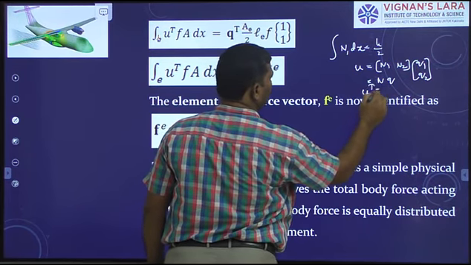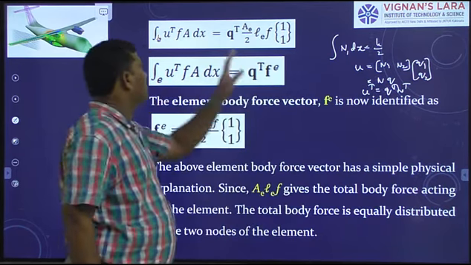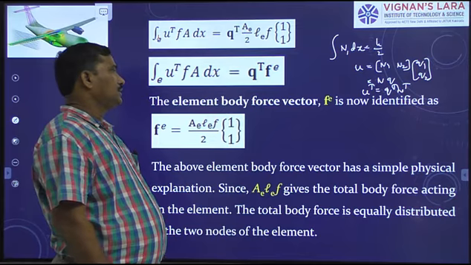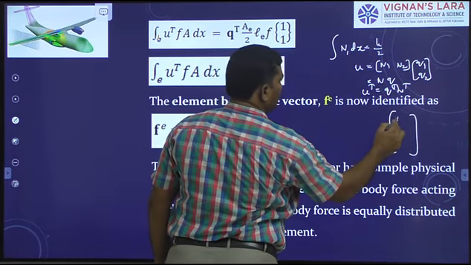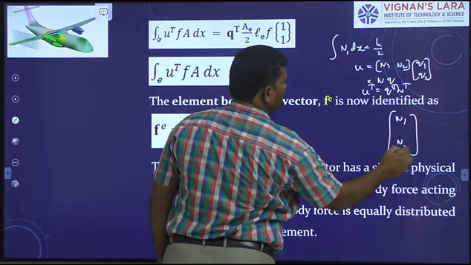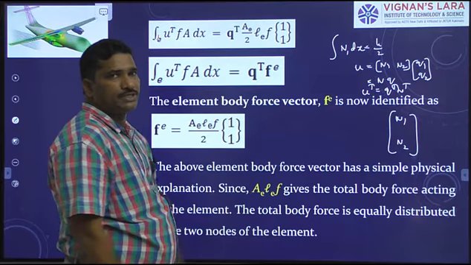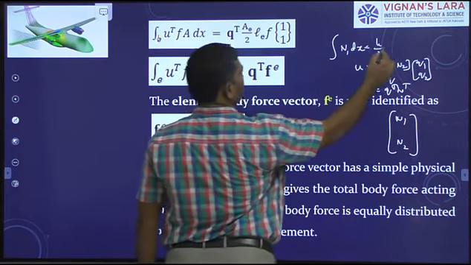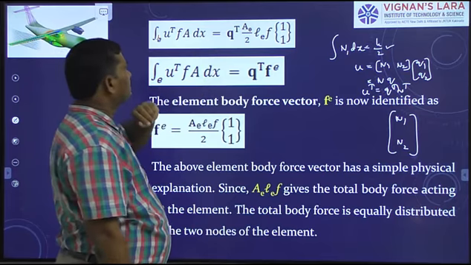Therefore u transpose equals q transpose into N transpose. The q transpose comes out. This N transpose is a column matrix, we know, having the elements N1 and N2. Hence when you integrate each with respect to dx, you get LE by 2. So q transpose comes out.